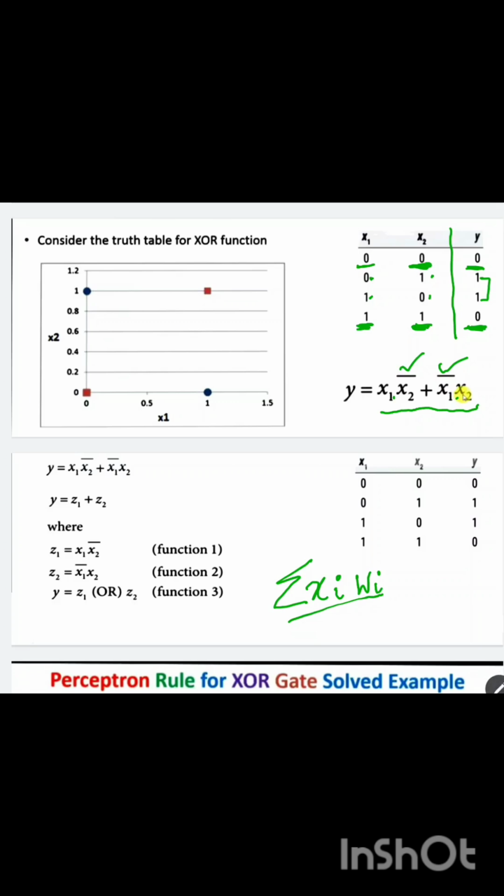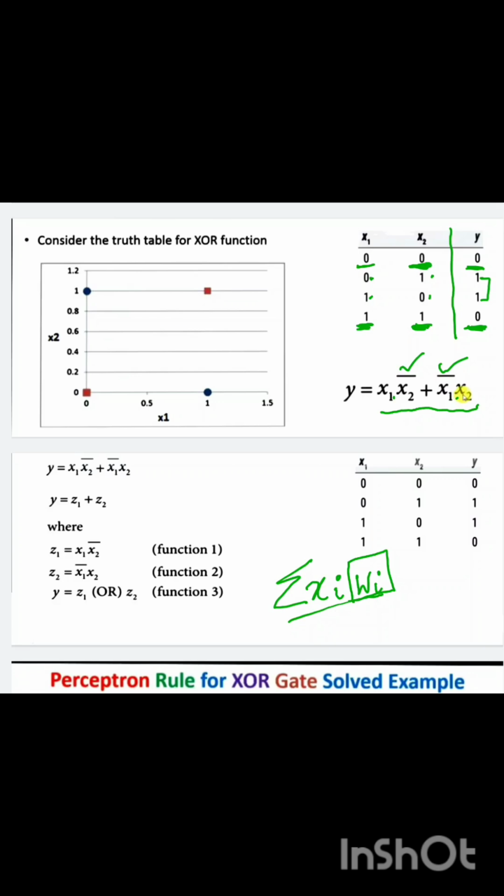If the output is not same, then we have to change the values of these weights and we have to work on these values on the basis of a particular function.